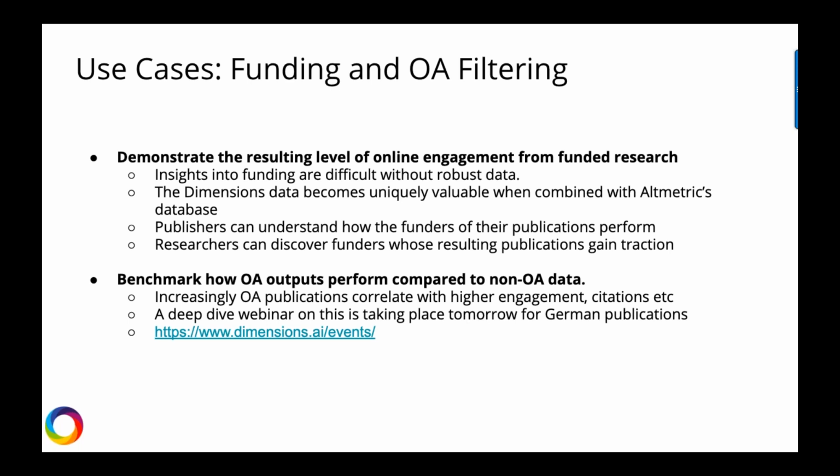But we've done a bit of a deep dive into this, and we're actually doing the webinar tomorrow for the German region. It'll be in English, but we are looking at all of the publications associated with Germany over 10 years, and we are looking at citation behavior, Altmetric behavior, and relative citations, so relative to the field that a publication is in. How does the citation behavior behave with that?